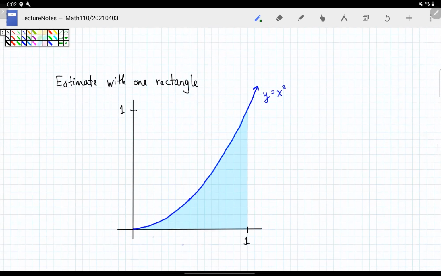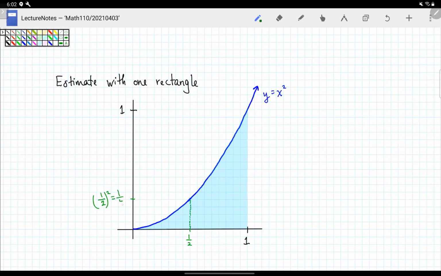With one rectangle, I have one interval, and I am going to use the midpoint in order to determine the height. So the midpoint here is 1/2, and the height of the function at 1/2 is 1/4. I get that from 1/2 squared.